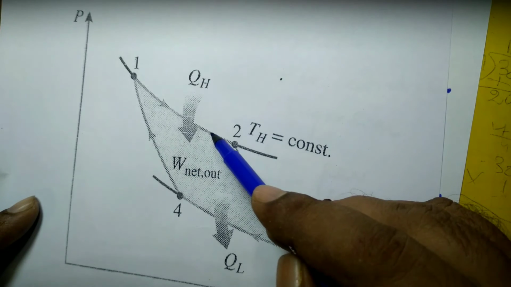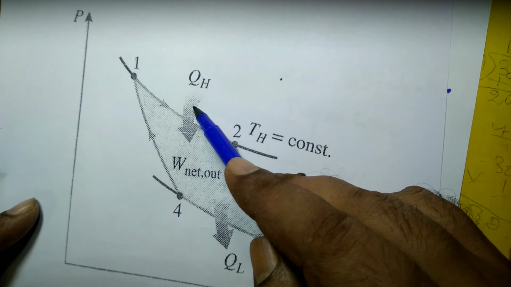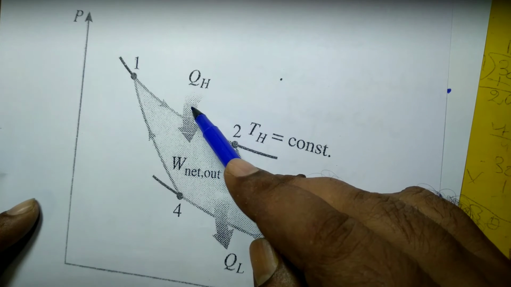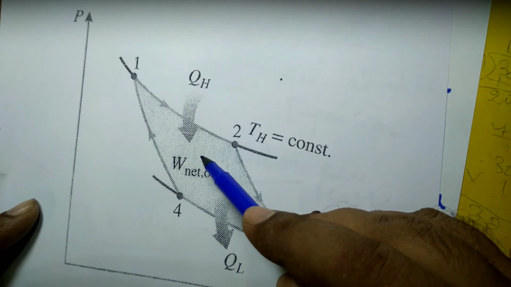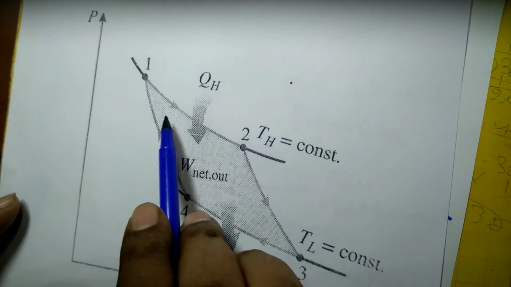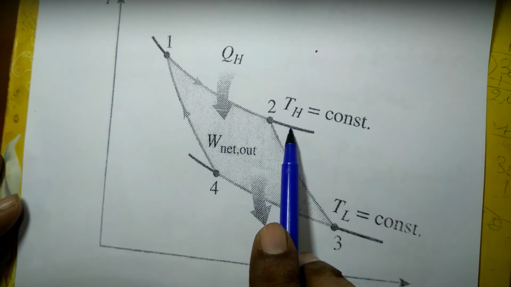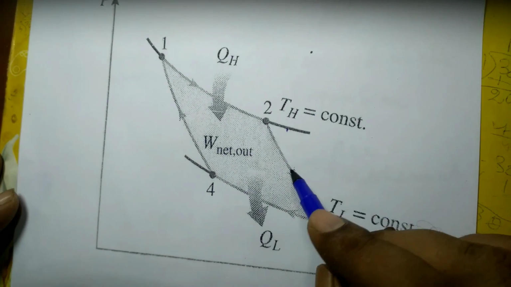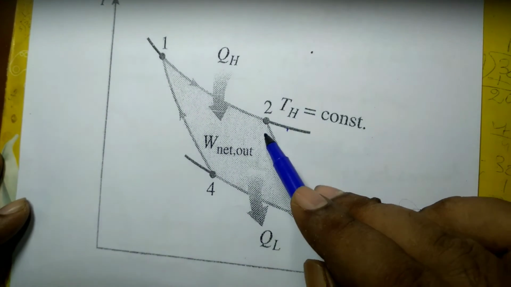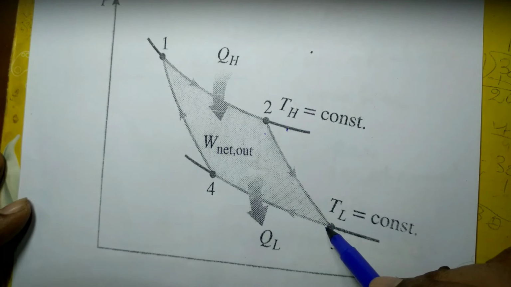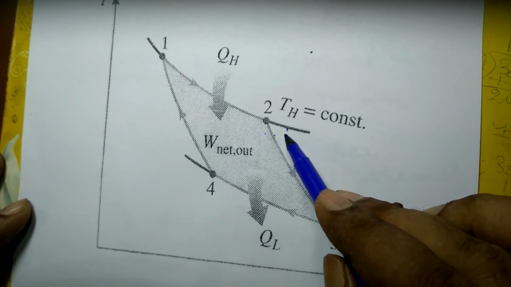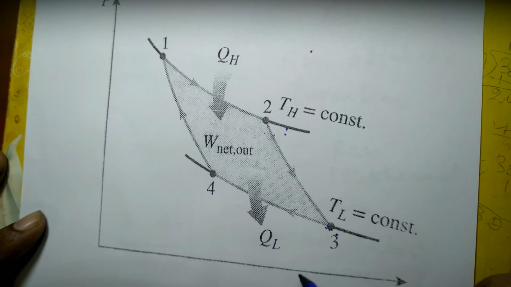During process 1-2, a reversible isothermal process, QH amount of heat is added to the system, and the temperature of the system remains constant at TH. During 2-3, adiabatic expansion, the temperature decreases from TH to TL and the volume increases.